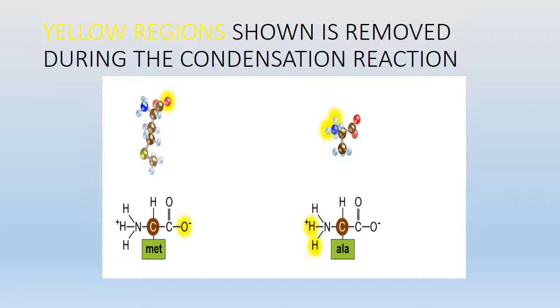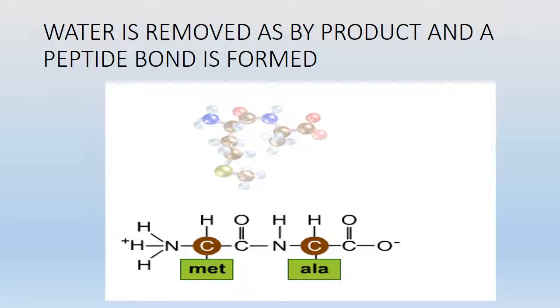It means that from methionine, oxygen, and from alanine, two hydrogens will be removed as water, and the C double bond O of methionine and the NH of alanine will then combine to form a peptide bond. Both of these amino acids will form a peptide bond, as you're seeing here. The water has been removed as a byproduct and a peptide bond has been formed.